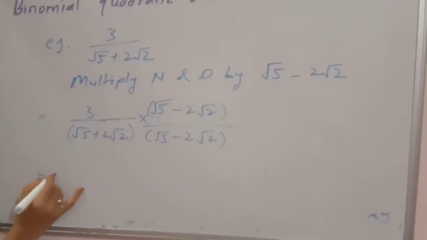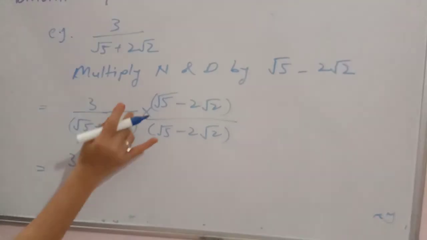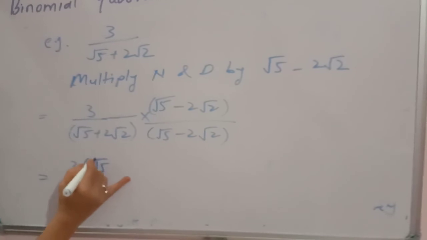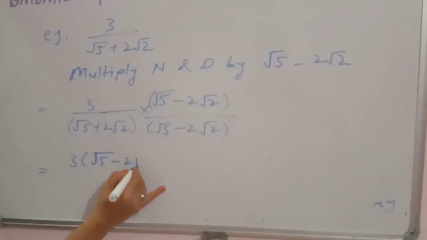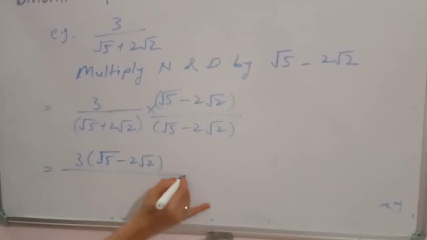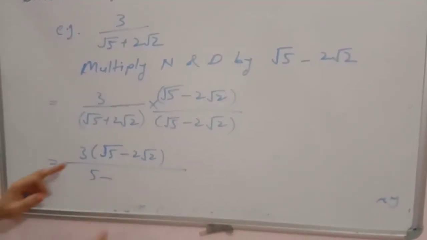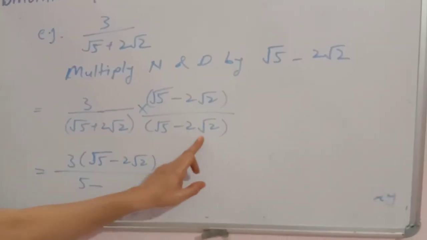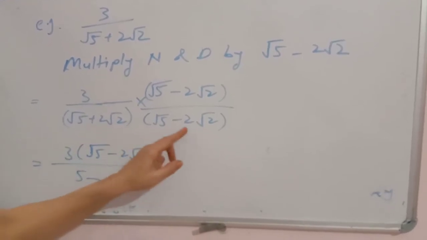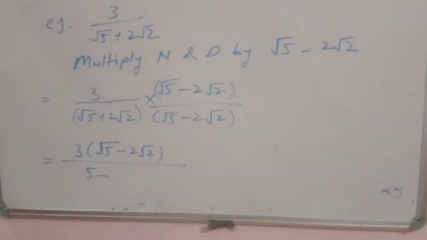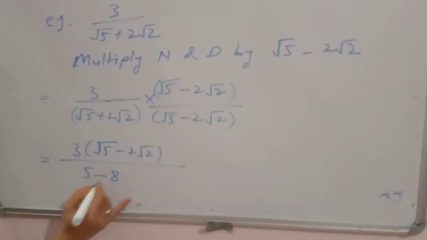Your numerator will be as it is, since it is a rational number times an irrational number. In the denominator, root 5 multiplied by root 5 is 5, minus 2 root 2 multiplied by 2 root 2: 2 times 2 is 4, root 2 times root 2 is 2, so 4 times 2 is 8.